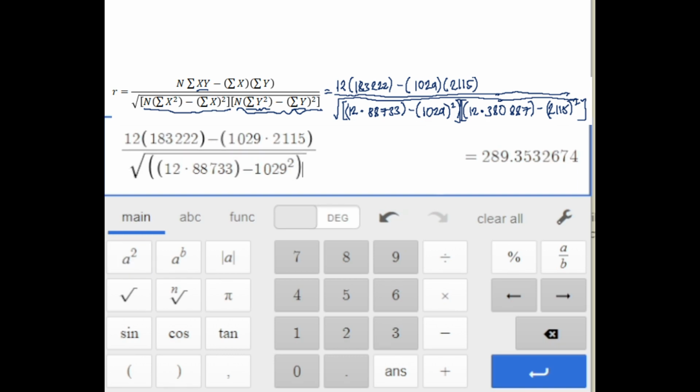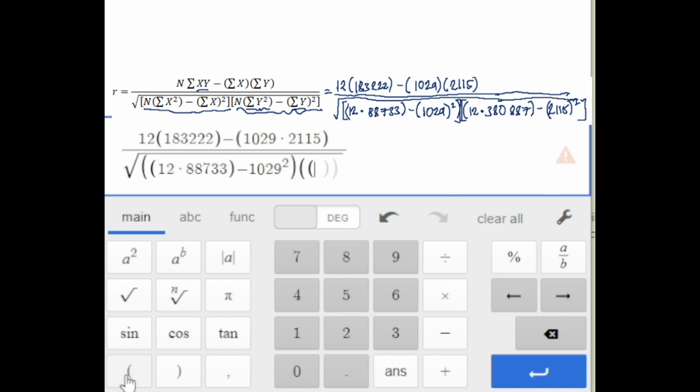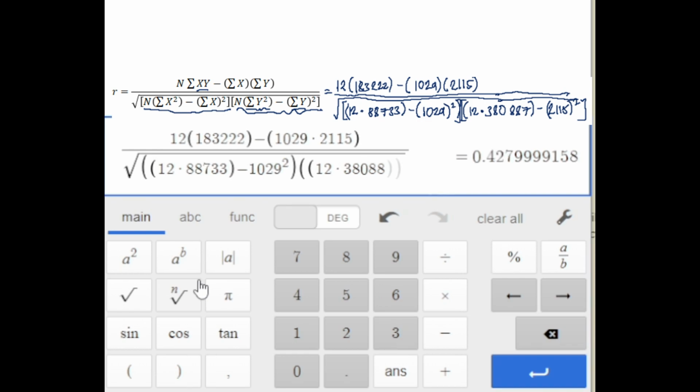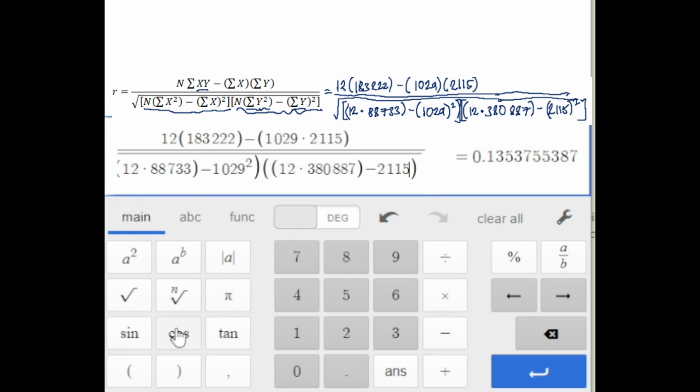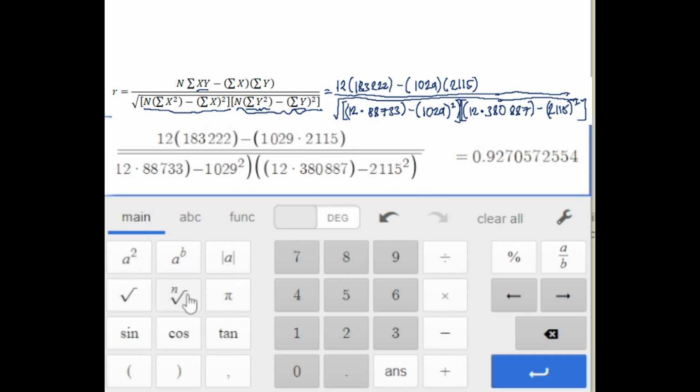Okay, labas po tayo kasi we need to multiply that sa 12 times 380,887 minus, okay, minus square ng 2,115. Okay, square po natin yan. Okay, and that's the result.